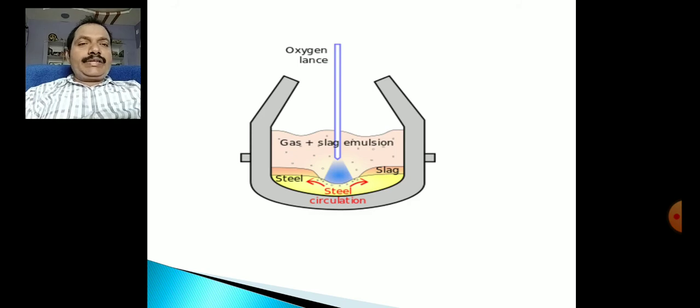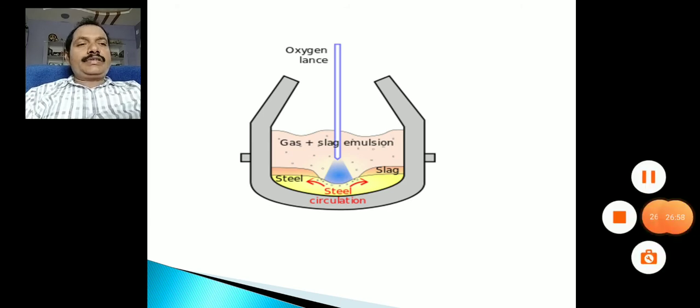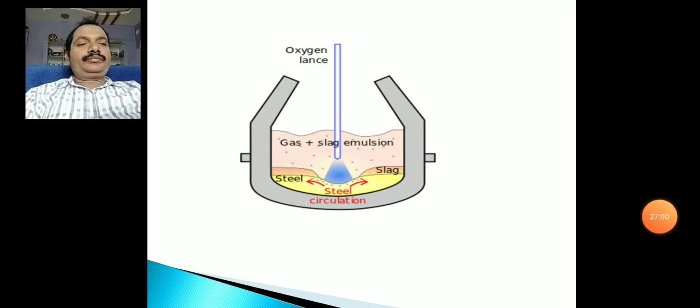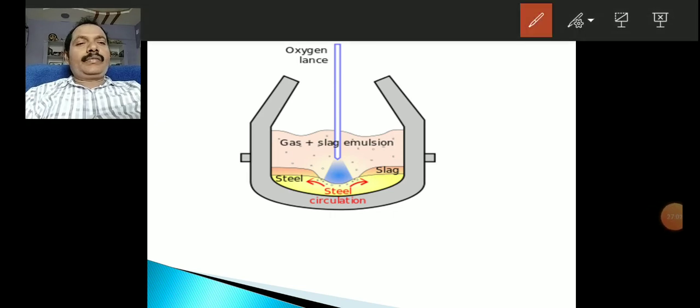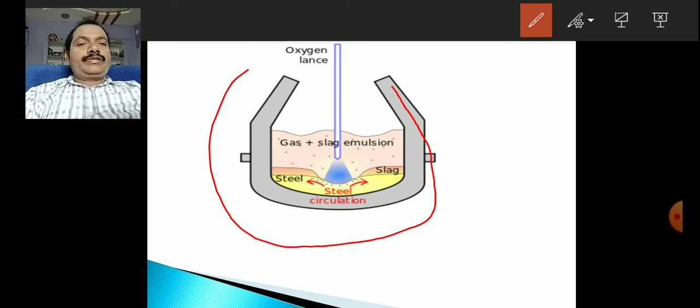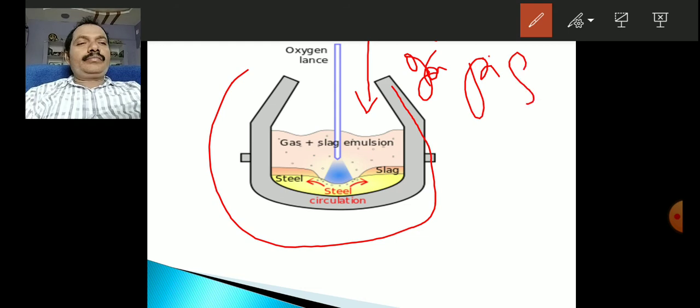So this is the basic oxygen furnace. A vessel is there. This is the vessel. This vessel is subjected to pig iron and oxygen.